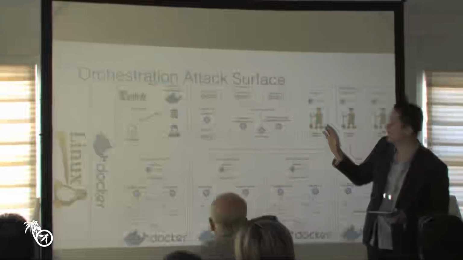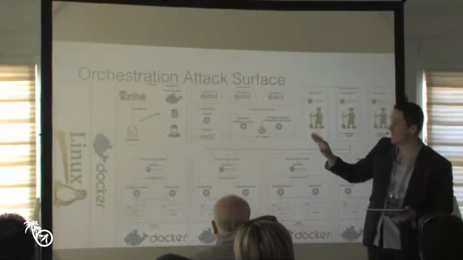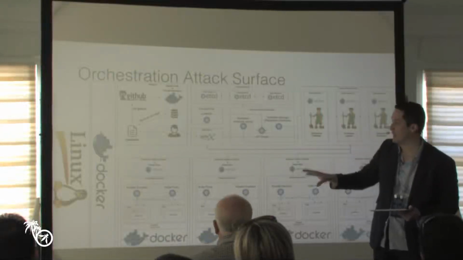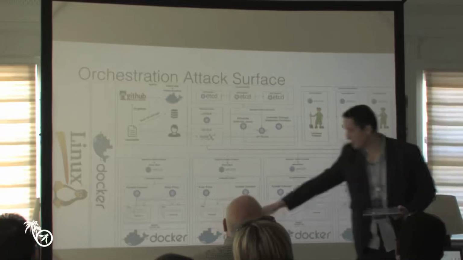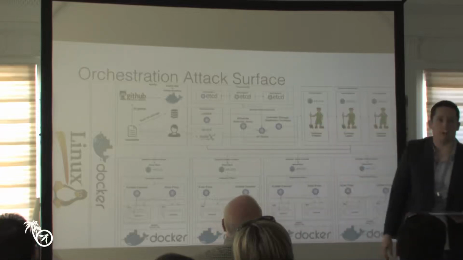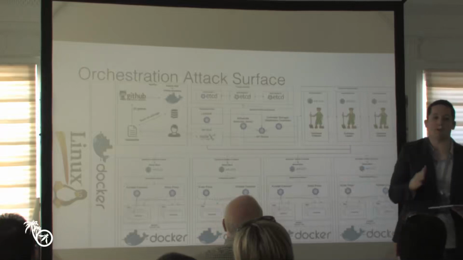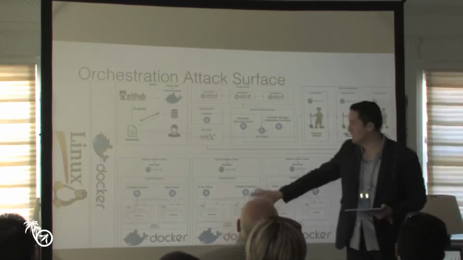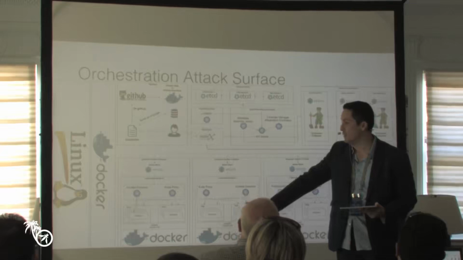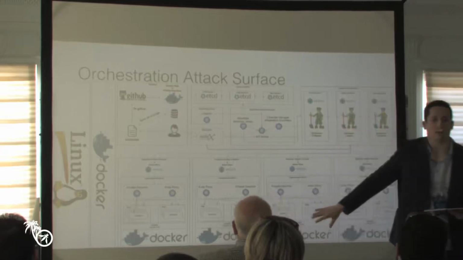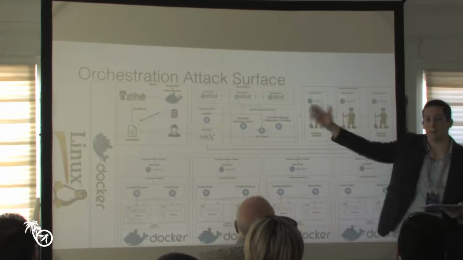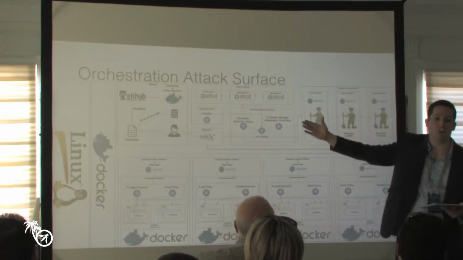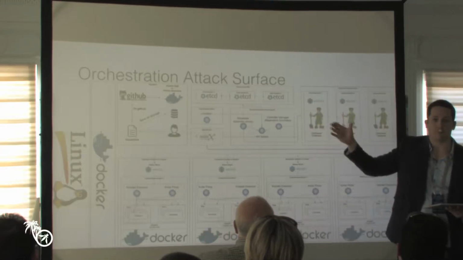If we were looking just at where to attack, you might think, well, I want to attack the container. Well, good luck. If you're really going to be a criminal, it's easier. The only way you're going to get to the container is from exposed APIs or from doing the Trojan horse through images.